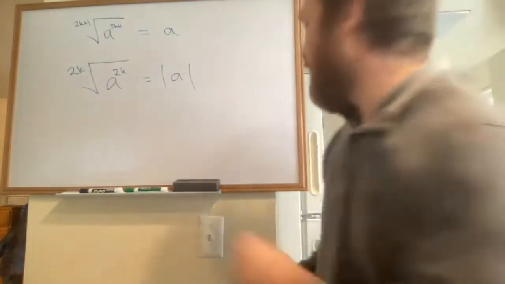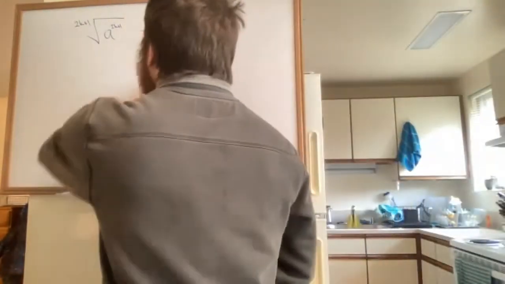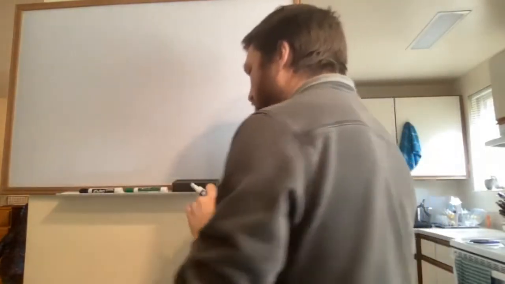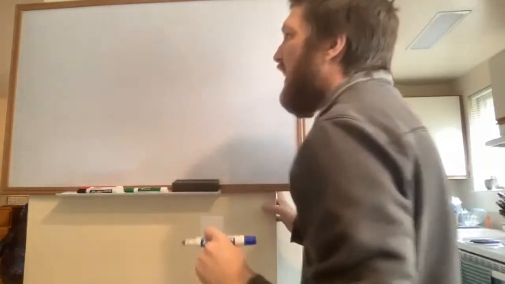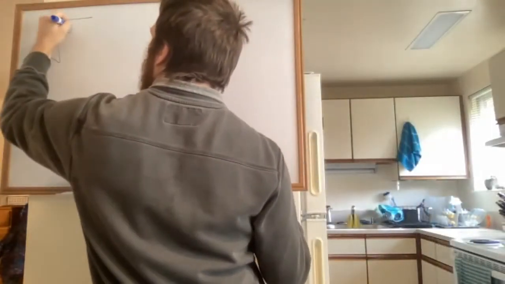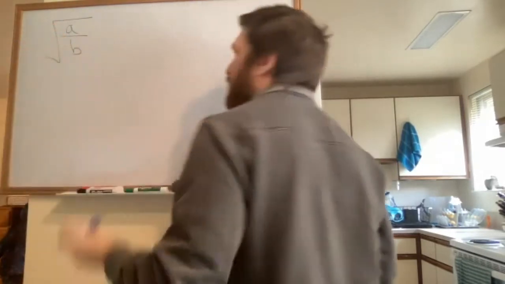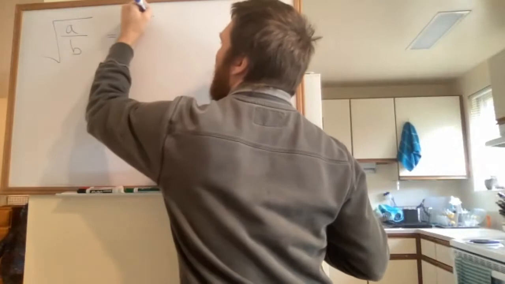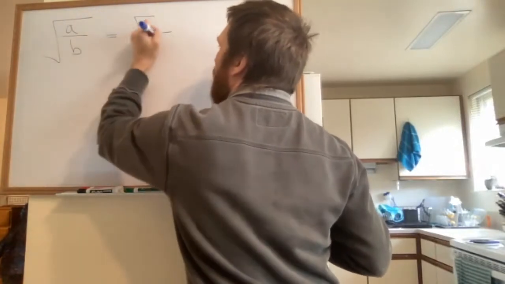Yeah. Okay, there's one more thing we really need to talk about in terms of roots, and your book doesn't really talk about this. Turns out that the square root of a fraction, the square root of a over b, is the exact same thing as the square root of a over the square root of b.